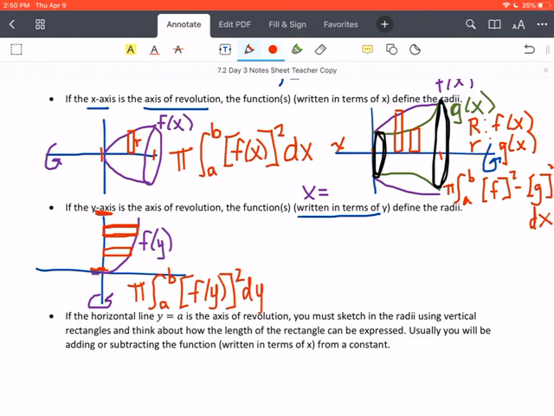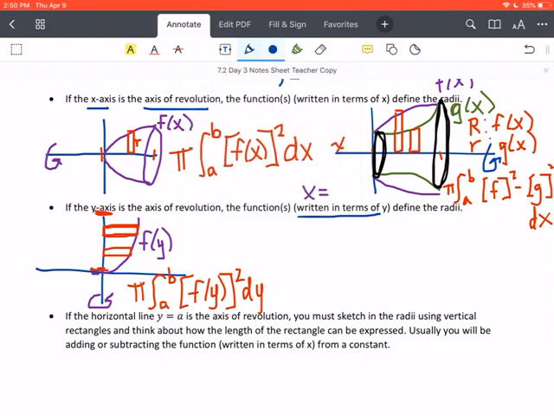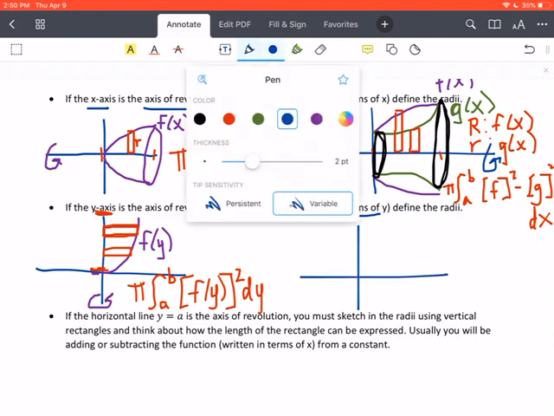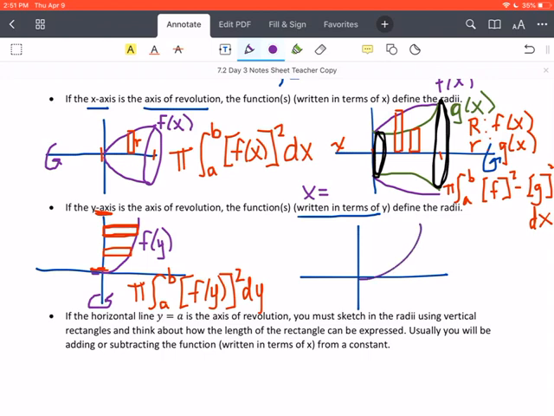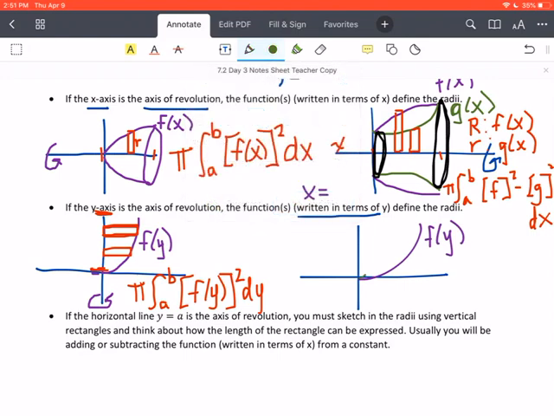Okay. Now, moving on to the washer method, if we have two functions involved. Let's look at, maybe we have our first function as some sort of curve. We can call that f of y. And then maybe our second function, it can be anything we want, but maybe it's linear, and we can call that g of y. Then we are going to rotate around the y-axis.